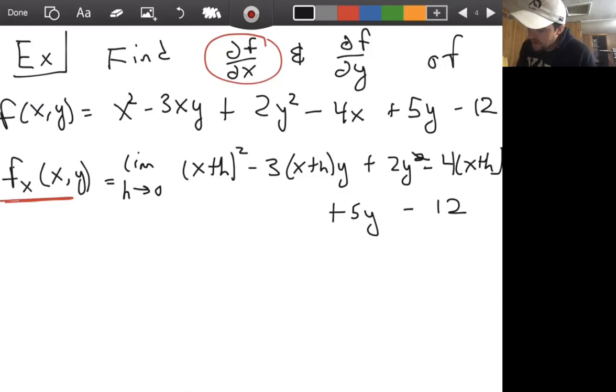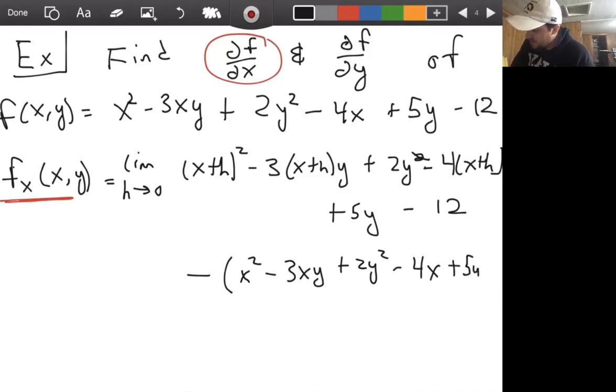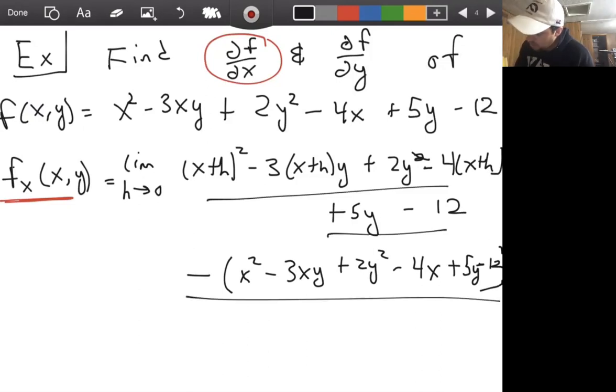And then we have minus f(x, y), so we copy x squared minus 3xy plus 2y squared minus 4x plus 5y minus 12. And then all of this is over h, okay?